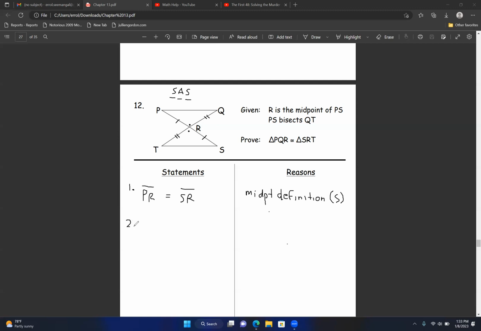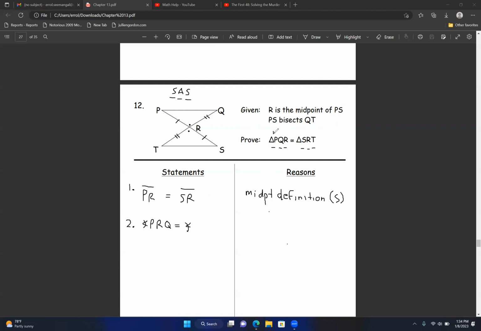Number two, what's number two? Angle PRQ equals what? It has to be the same order.